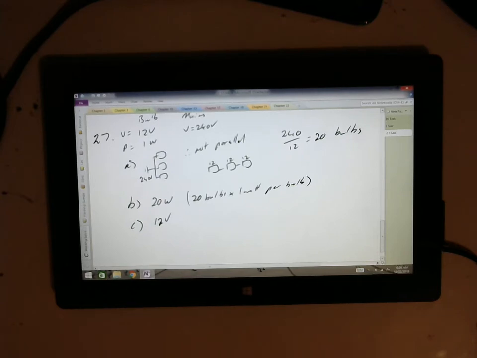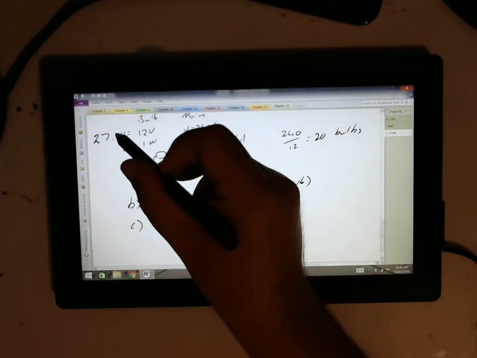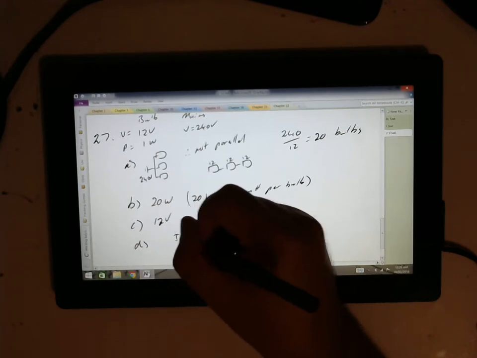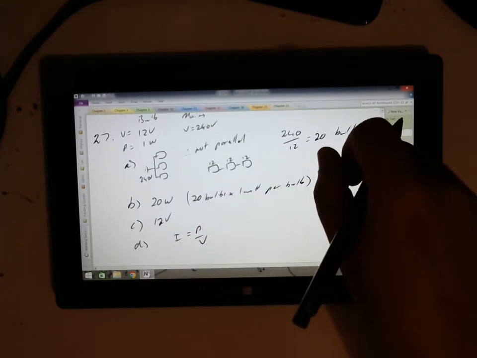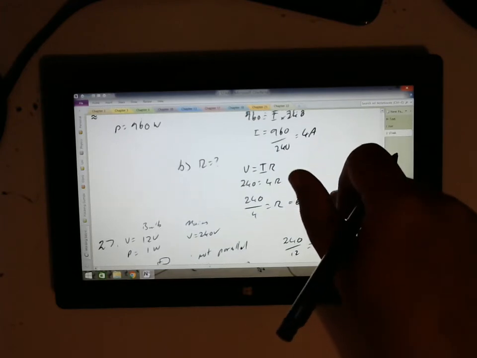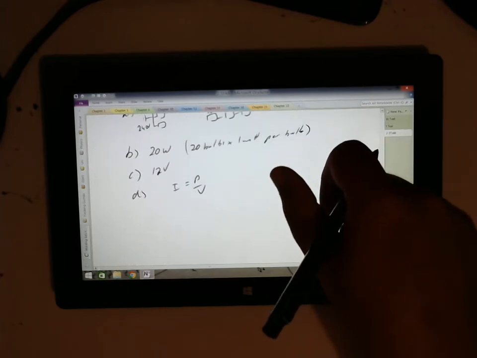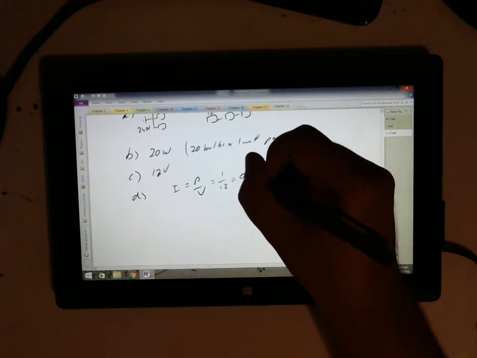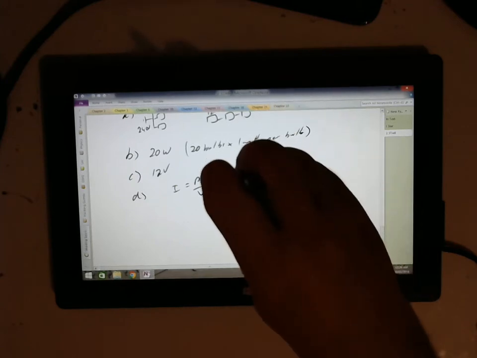What is the current, and what is the resistance of each bulb? Okay, well we've got these two values up here, V and P. We can work those out from that. So I, we just said, was P divided by V. That's what we had up here, wasn't it? Yeah, P over V. It's going to equal 1 over 12 equals around 0.083, I think.